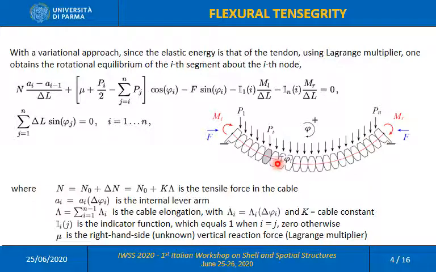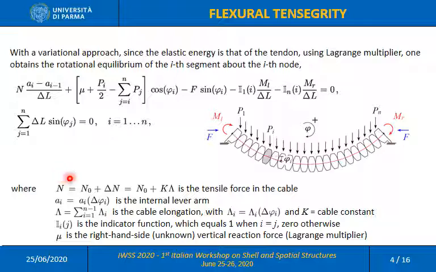We have to enforce a constraint that, as a function of the angle phi, the total length of the beam remains the same in the deformation. Thus, we use the Lagrange multiplier technique, and from the first variation of the total energy, we obtain this equilibrium equation at each cross section, which corresponds to rotational equilibrium, and this constraint.